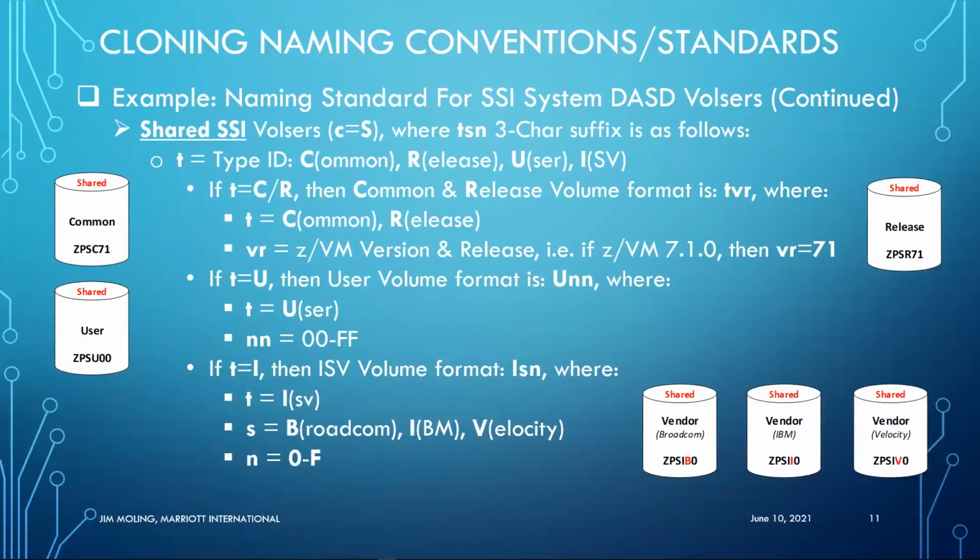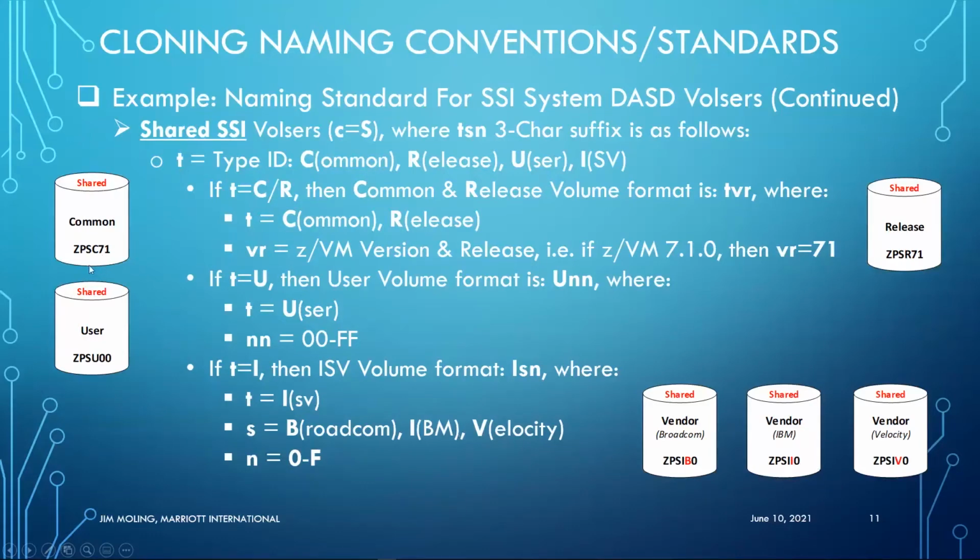And when that's an S, then the fourth position, which is the type, is either going to be a C for common, an R for release, a U for a user volume, or an I for an ISV or vendor volume. And then you can see the examples here that I provided. So for a common volume, if you look at them, they all have the same common prefix, ZPS, right?